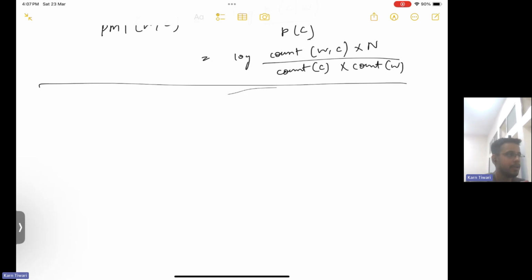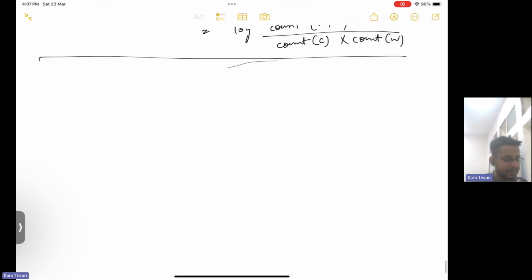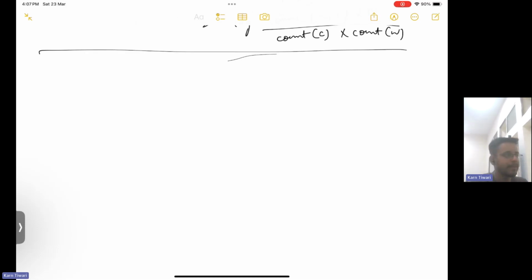So computation is very heavy, in simple words. So can we get a more compact and smaller vector representation for a word? The solution we are going to look at is SVD, a dimension reduction we are going to do.